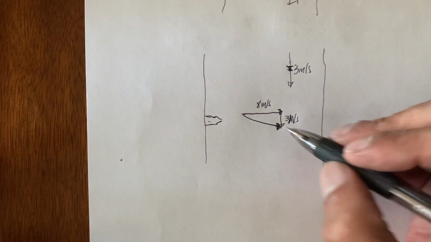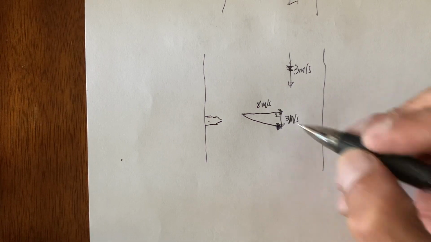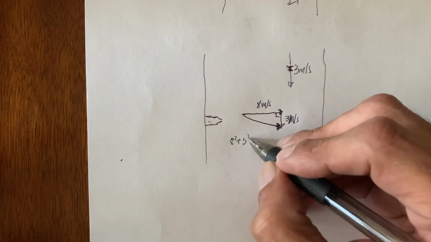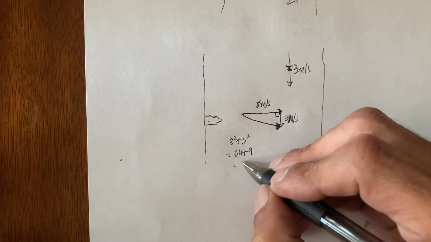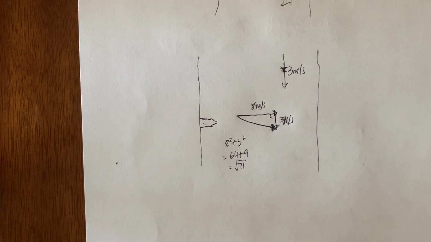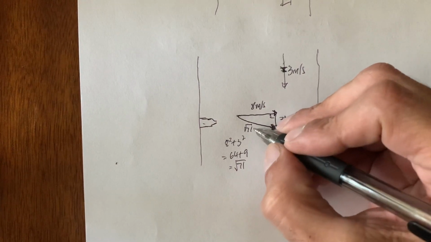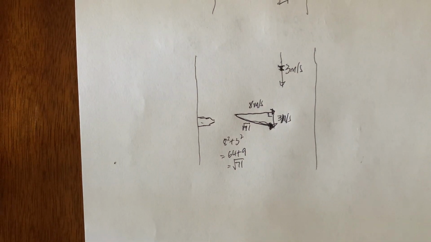You'd be pointing in that direction, and you would have a value which could easily be calculated using the Pythagorean theorem. 8 squared plus 3 squared, that's 64 plus 9, the square root of 71, which would be 8 point something. I'll just write it as the square root of 71, and that would be your velocity going in that direction.